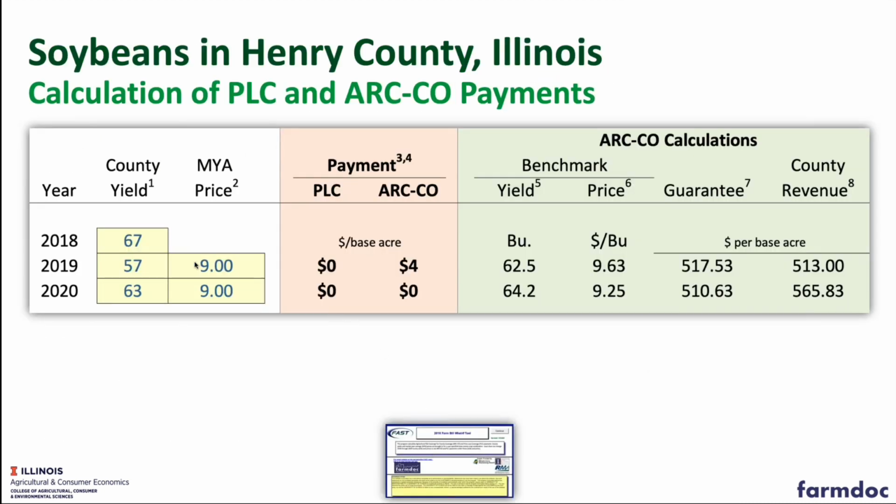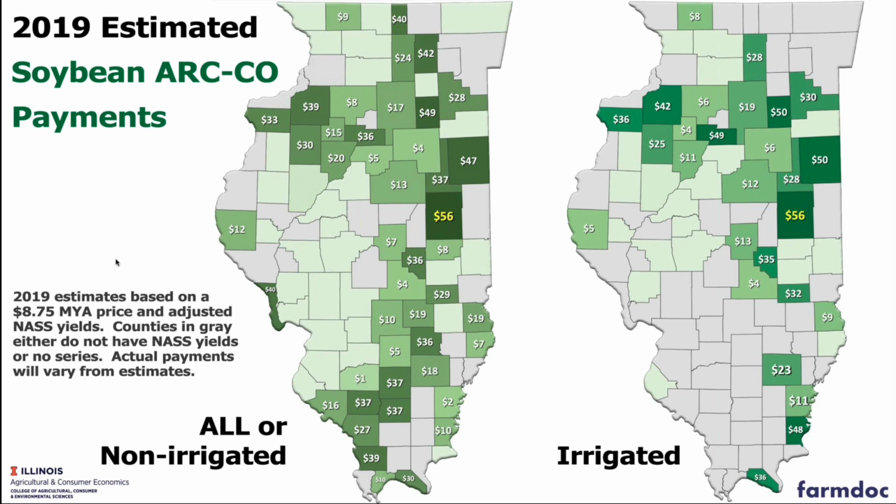Again, what you're looking at for soybeans, you have here at $9 a market year average price, 57 bushels, and then we get an ARC County payment here of $4 at this 57 bushel yield. All right, here we're using $8.75 market year average price, which is what WASDE released for this coming year, so that's down.